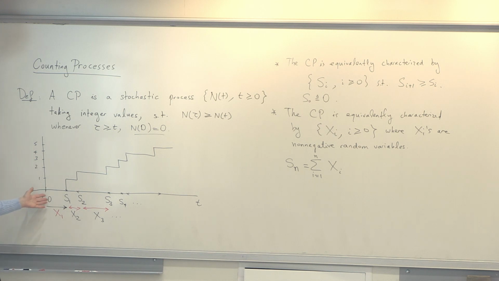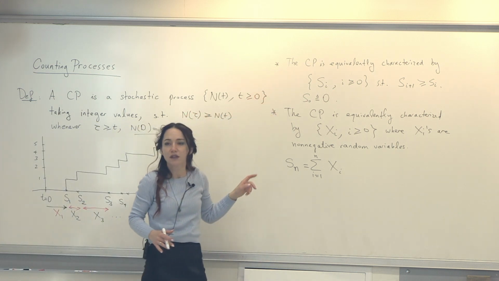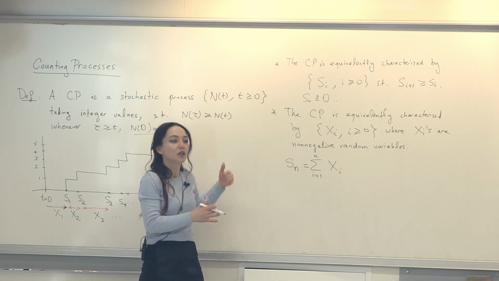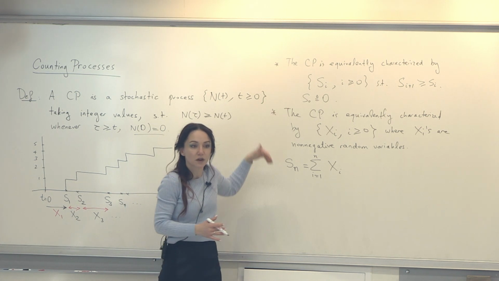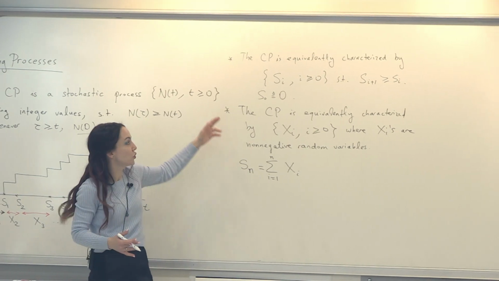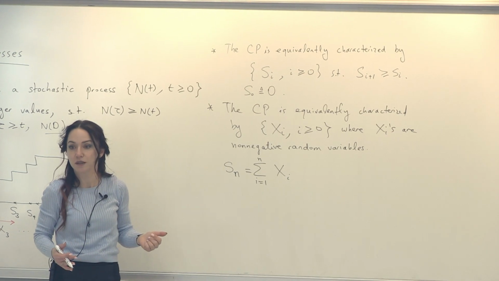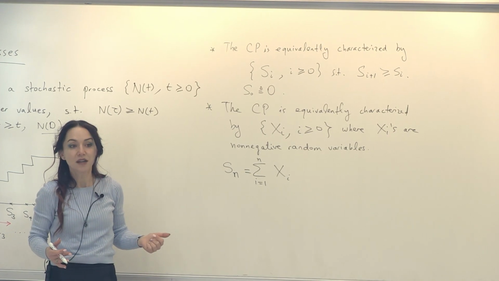So it will take a lot to describe this. For every value of t, where t is real valued, we would need to specify an N. It appears at first sight. However, when you look at these equivalent characterizations, you see that it's really nothing but a sequence of values that characterizes the process. But that's much easier. This shows that really the counting process is a discrete stochastic process, right?